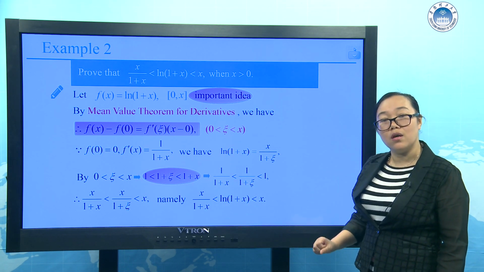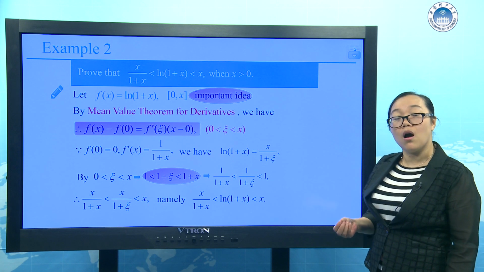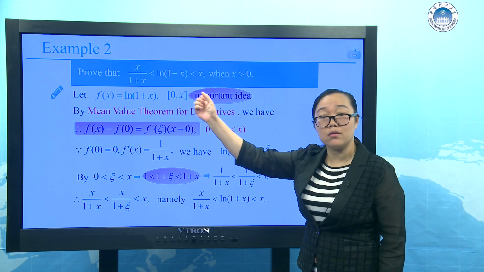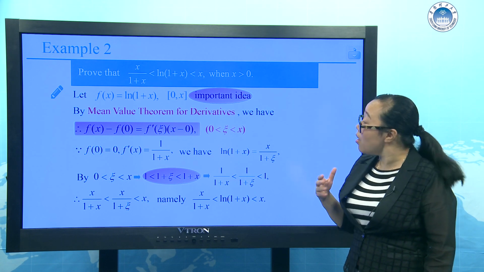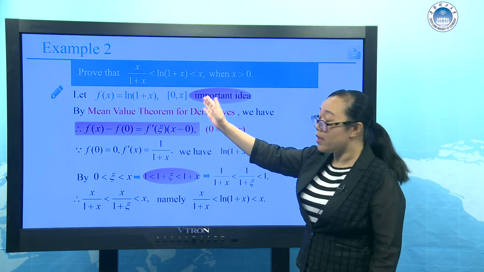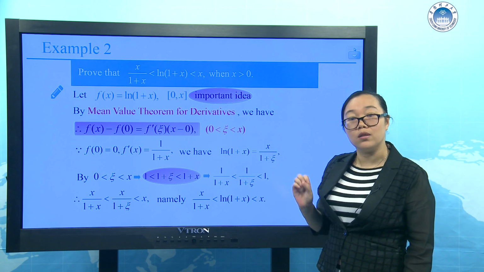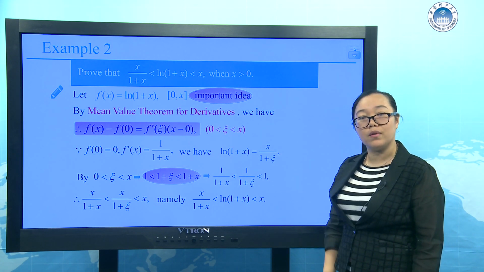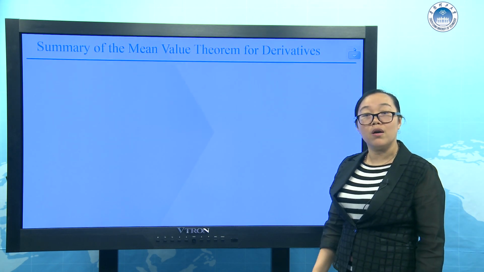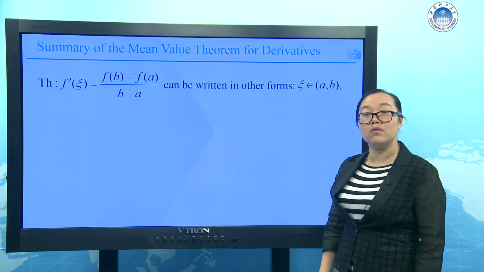So in this question, you should pay attention to how to get our f(x). If we know f(x), how to determine our 0 and x, meaning little a and little b. If you have no idea, proving the question is very easy. So now we have our summary about the mean value theorem.